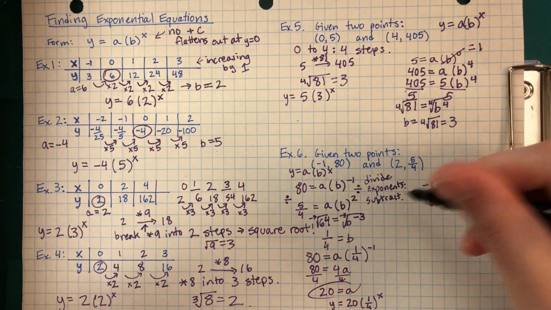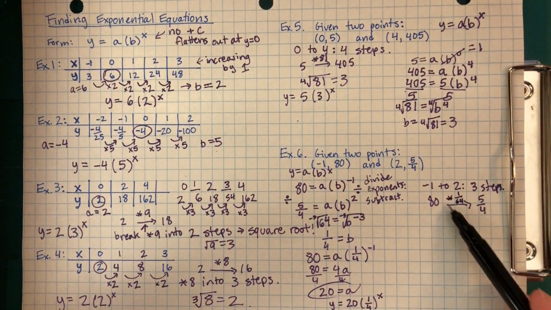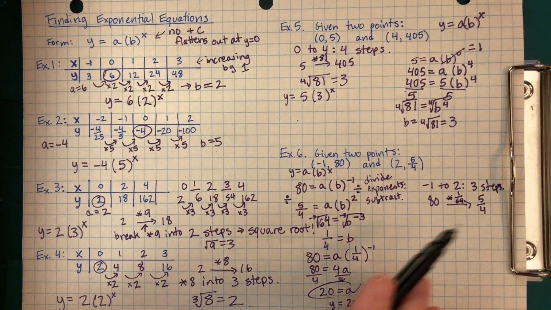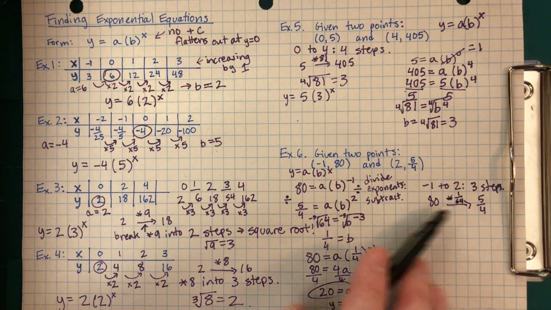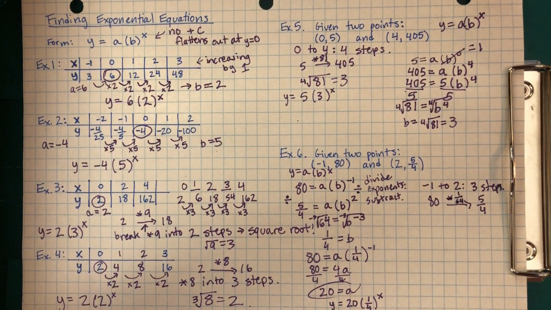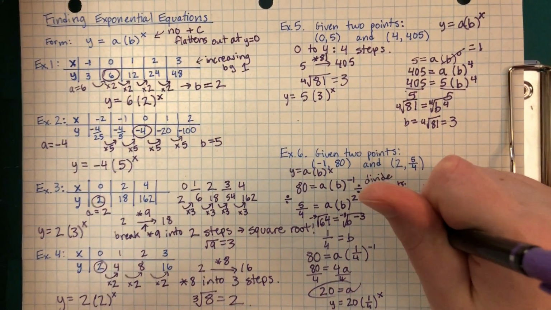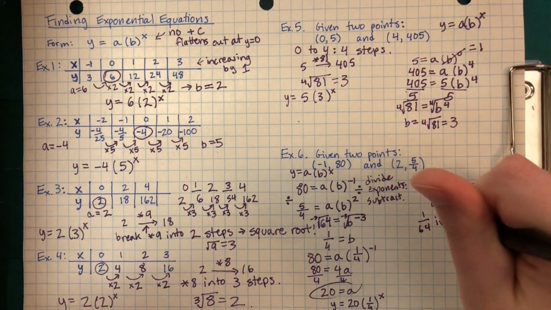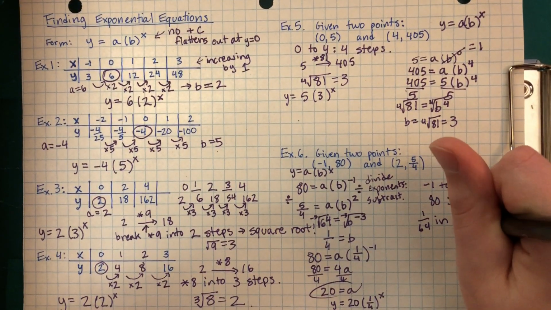If we divide these two to find what I need to multiply by, it's 5/4 divided by 80. So to get from here to here, I need to multiply by 1/64. So I need to do 1/64 in 3 steps.